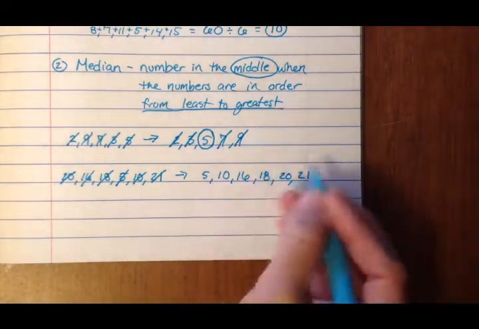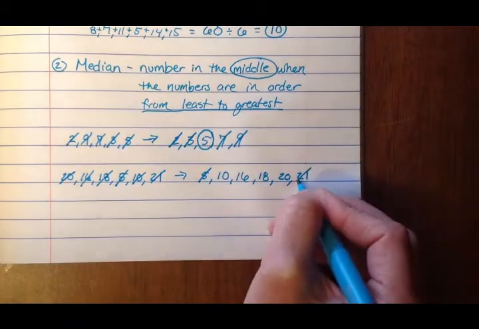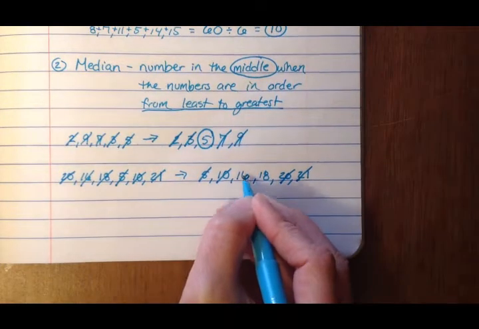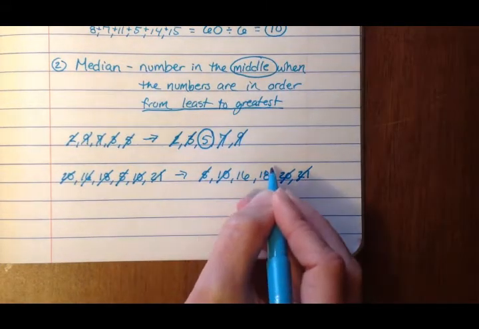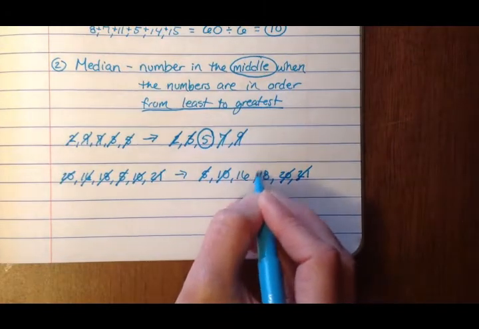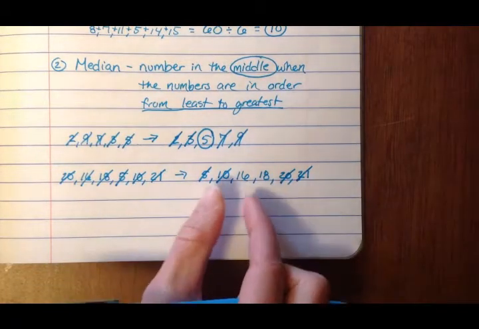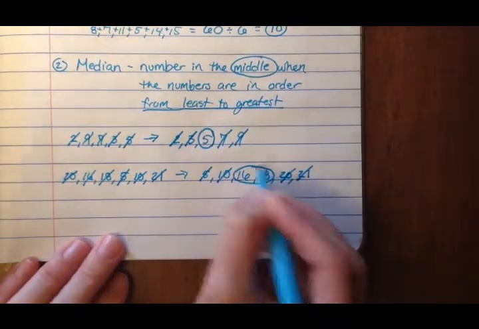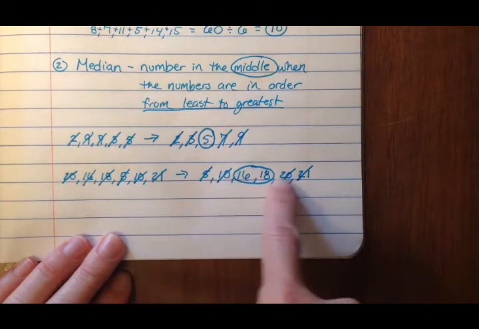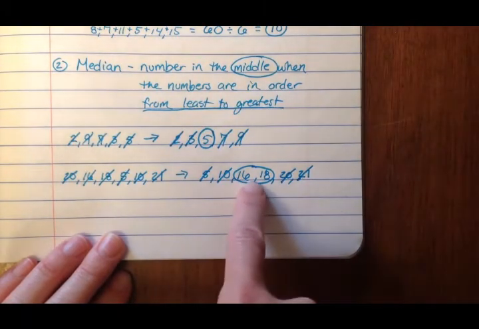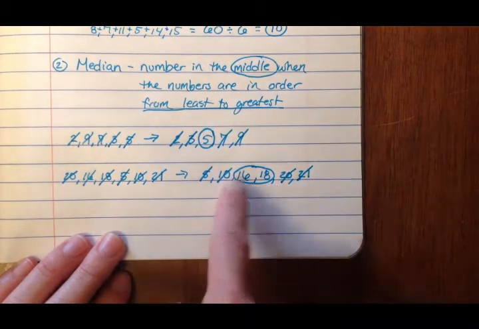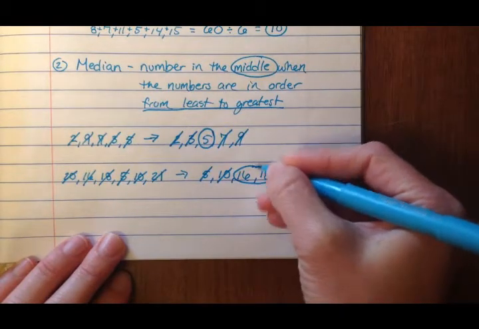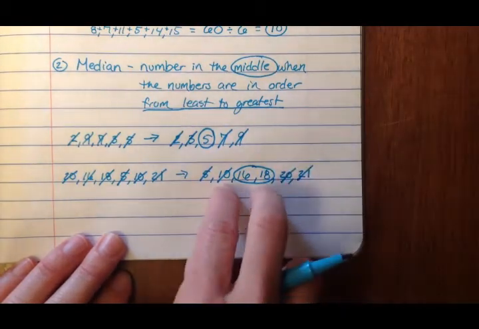Then I'm going to start marking out the lowest and the highest, working my way inwards. Now, notice what happens here. If I mark out the lowest number and the next highest number, there's not going to be a middle number. If you get down to 2, it looks like there are 2 middle numbers here, because I've got 2 numbers on this side and 2 numbers on this side. So which of these numbers is the middle? Is it 16? Is it 18? Well, when we end up with 2 numbers in the middle, we want to find the middle of the middle, because we cannot have 2 numbers in the middle.